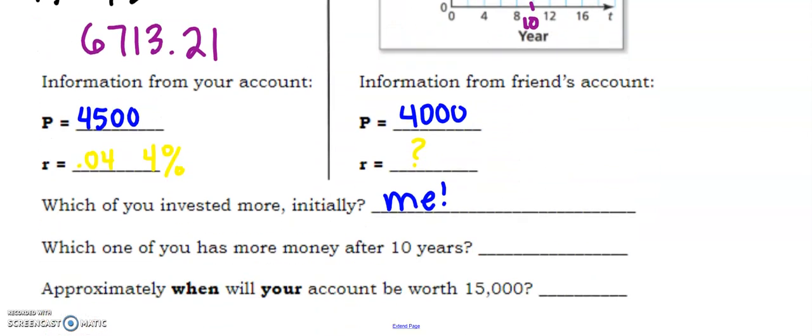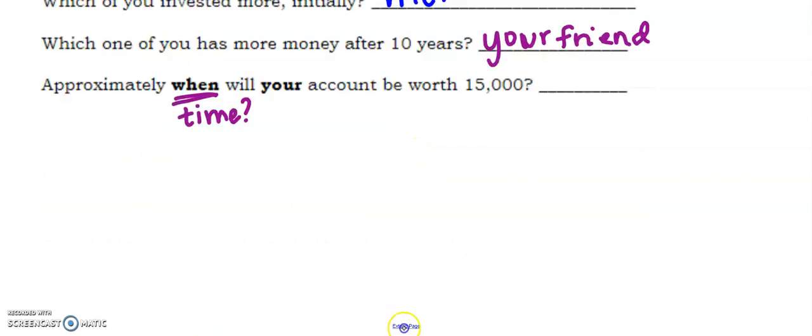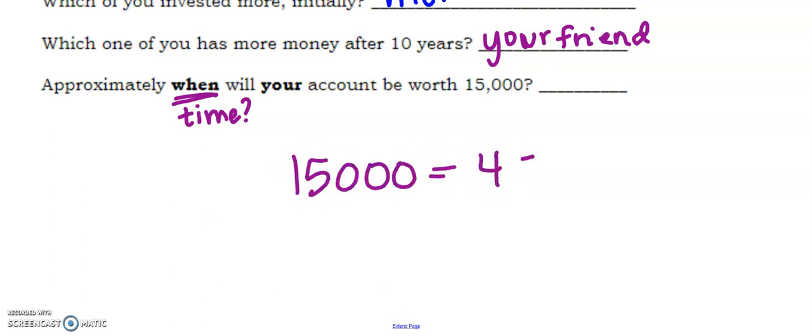In which case, who had more money after 10 years? Your friend did. Okay. Approximately when? Remember, when means we're looking for a time. So when will your account be equal to 15,000? I'm going to say 15,000 is equal to 4,500 e to the 0.04 t.